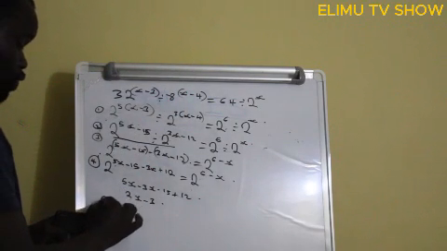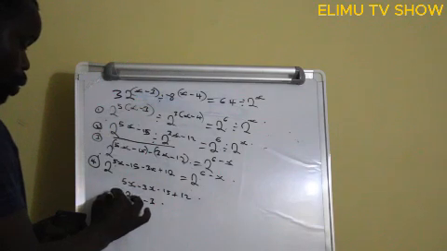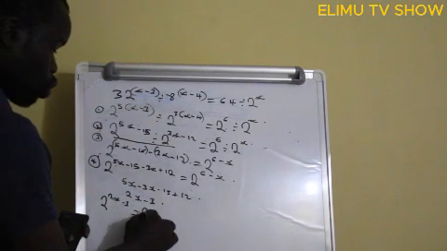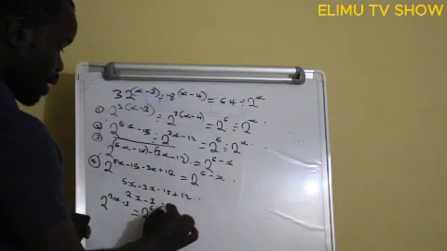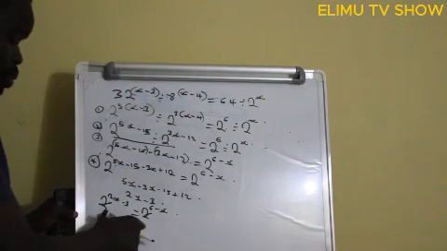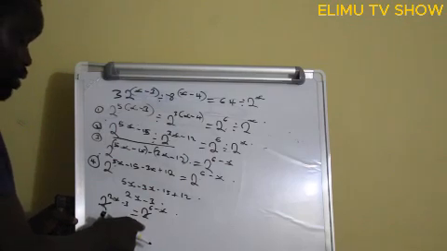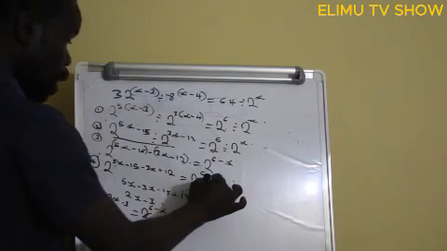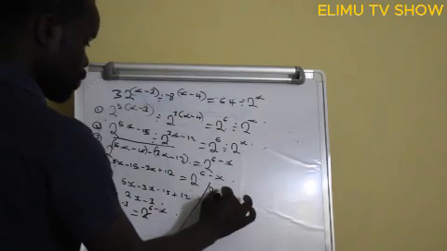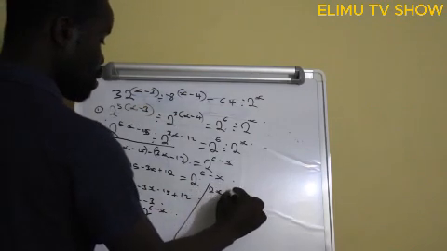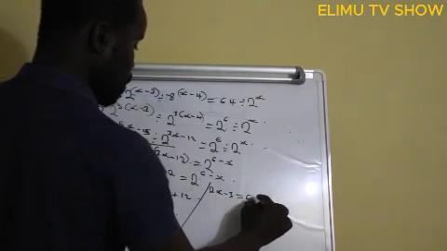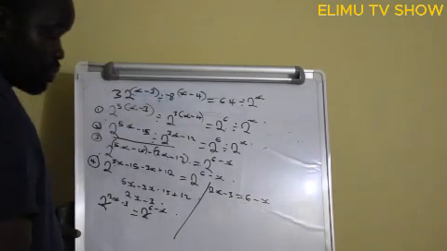So we are going to have 2 power 2x minus 3 is equal to 2 power 6 minus x. We can do away with the bases so that we remain with the powers. So our last step, we are going to have 2x minus 3 is equal to 6 minus x.